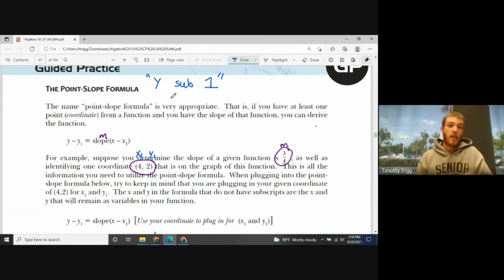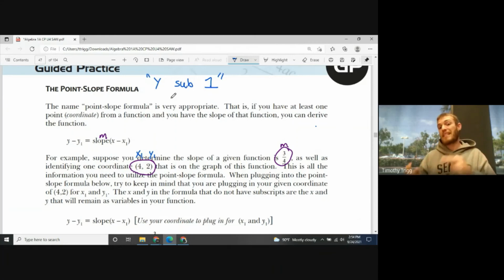Same with any other variable. This is very common perhaps in physics, where you might have time 1 and time 2. So you have t sub 1 and t sub 2. That means the first time you're looking at and the second time you're looking at.